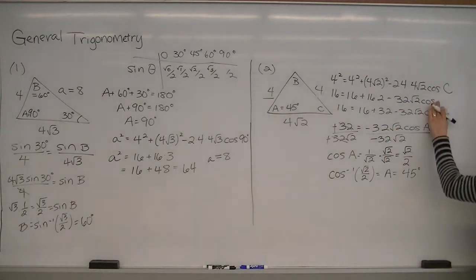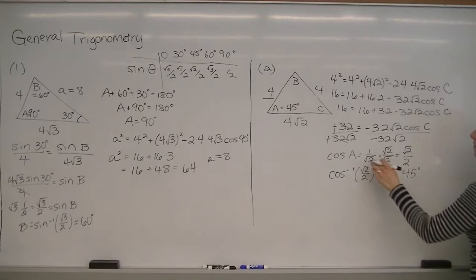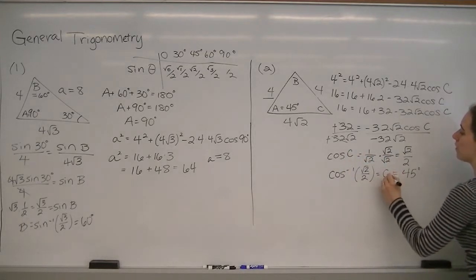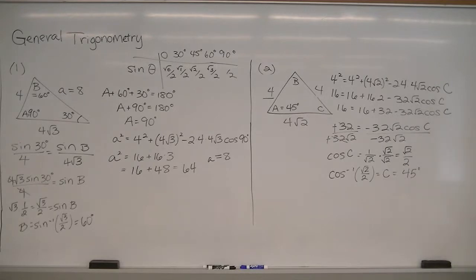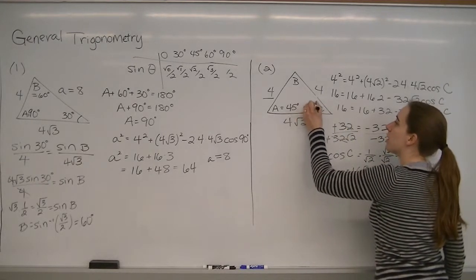So all I need to do here is replace all my A's with C's and I'm actually already done with all the work, conveniently enough. So this angle is also 45 degrees.